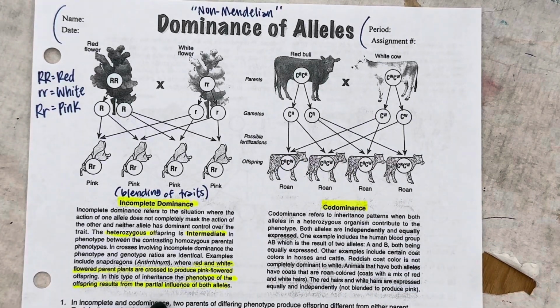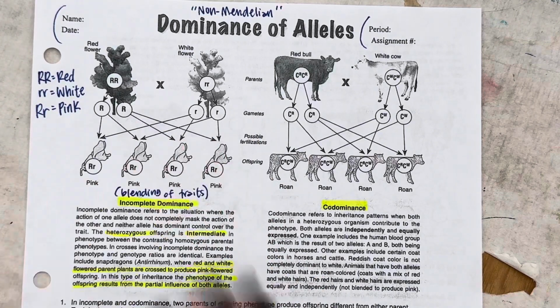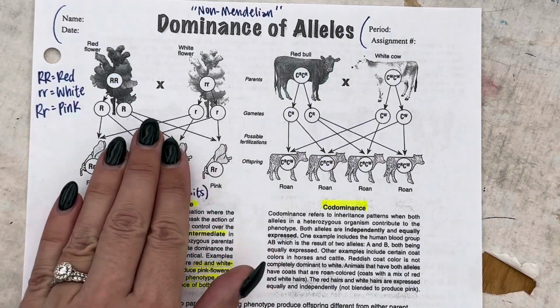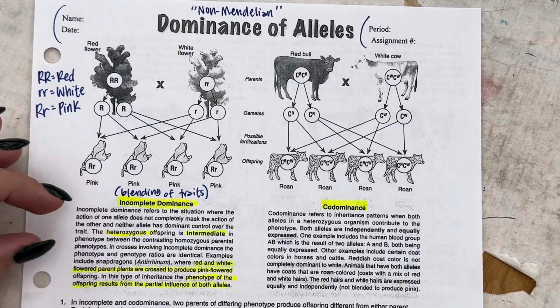So we can see our heterozygotes are actually not like either of their parents, but a blending of their parents. So it's kind of like what we call an intermediate phenotype or a third phenotype. Okay, so that's incomplete dominance.